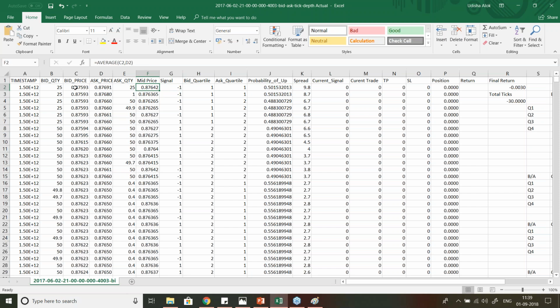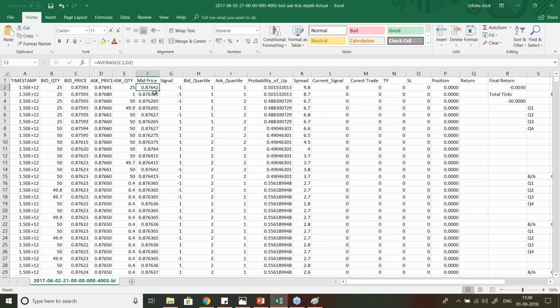I calculated my mid price from my bid price and ask price. It is the average of bid price and ask price. You check the formula here, and I track this bid price and ask price.